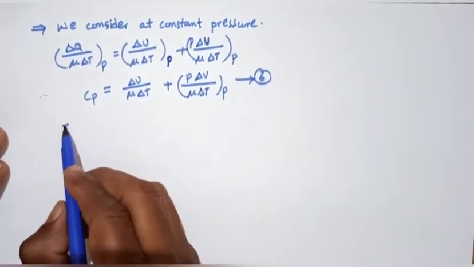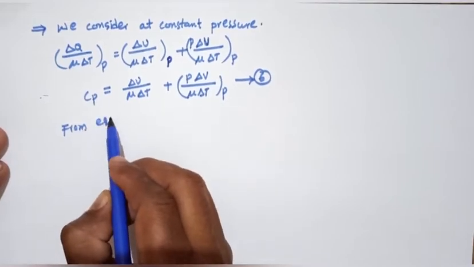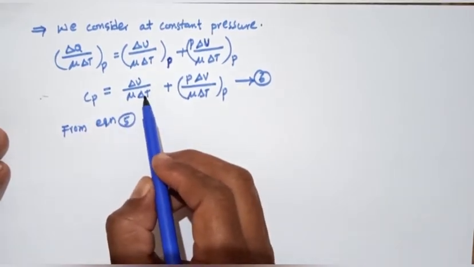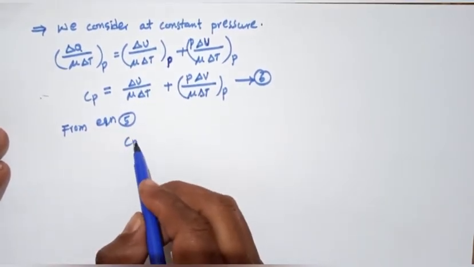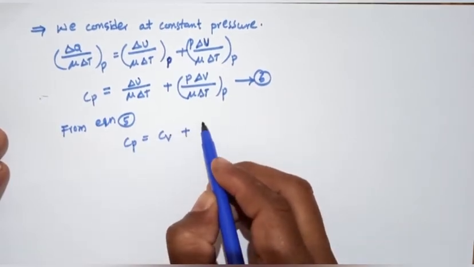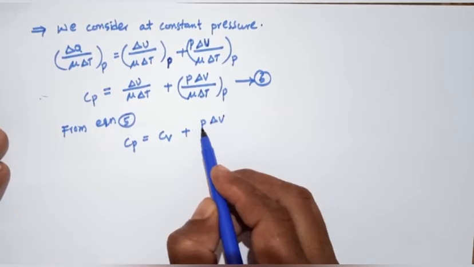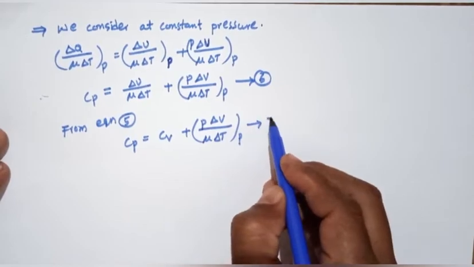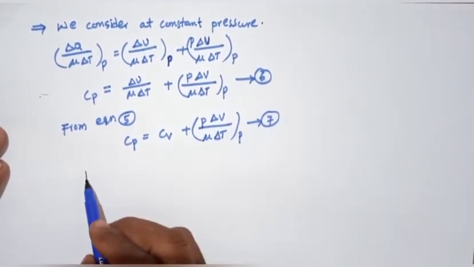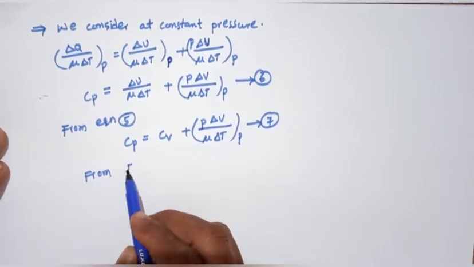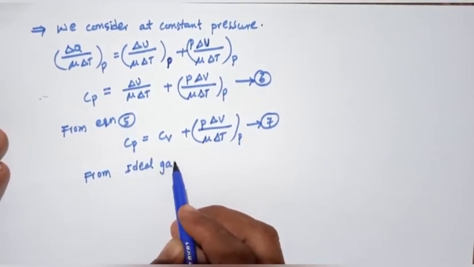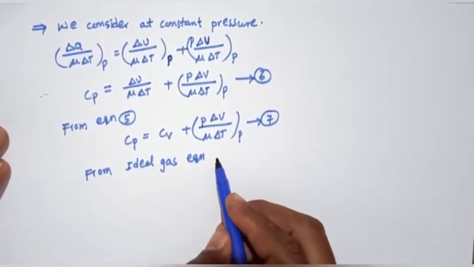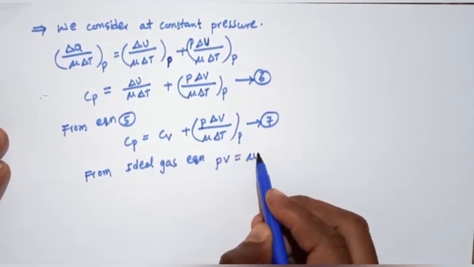From equation number 5, delta U by mu into delta T equals Cv. Then Cp equals Cv plus P into delta V by mu delta T at constant pressure. This is equation number 7. From the ideal gas equation, PV equals mu RT.